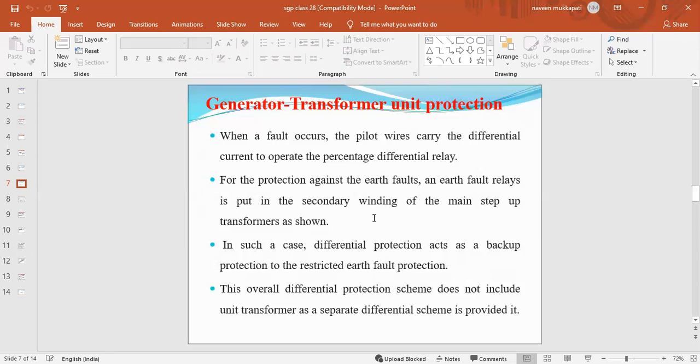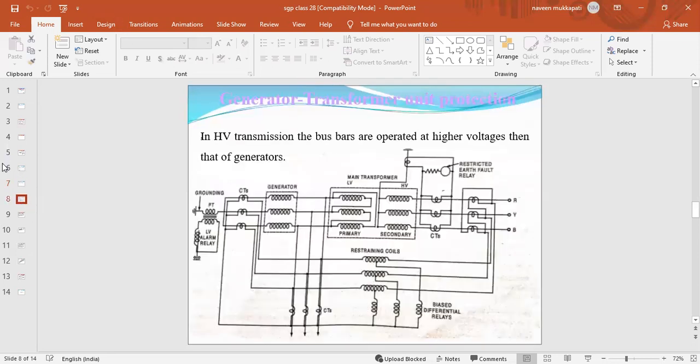The overall differential protection scheme does not include the unit transformer, as a separate differential scheme is provided.